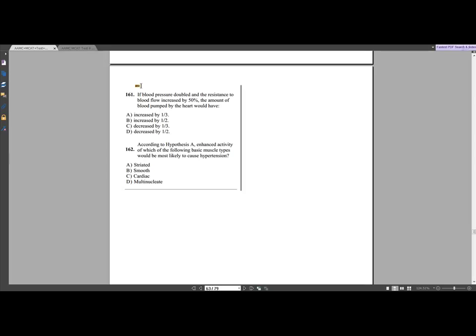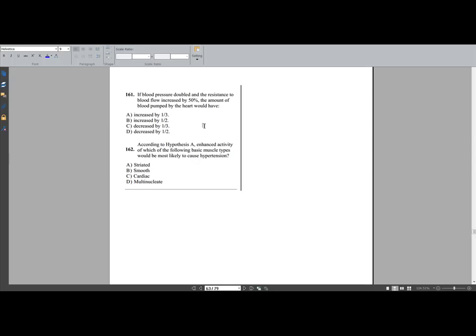If blood pressure were doubled and resistance were increased by 50%. So P, well, I get to write that. So it's like 2P equals, what is that? 2P equals, what is OD or something?